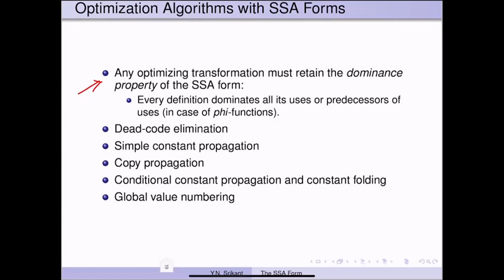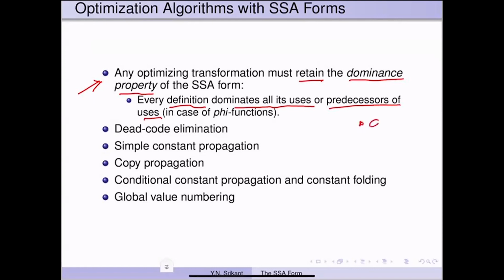Any transformation, optimizing or otherwise, on the SSA form must retain a very important property of the SSA form called the dominance property. So what is this dominance property? Every definition of a variable dominates all its users, or predecessors of the users in the case of phi functions.